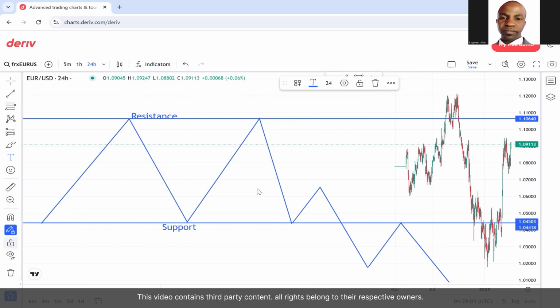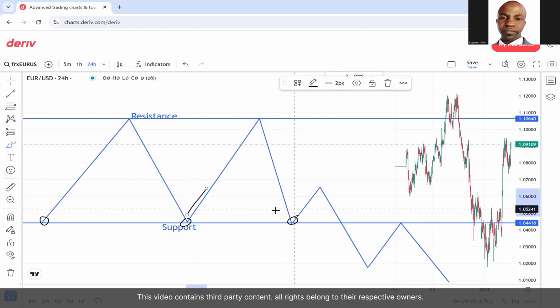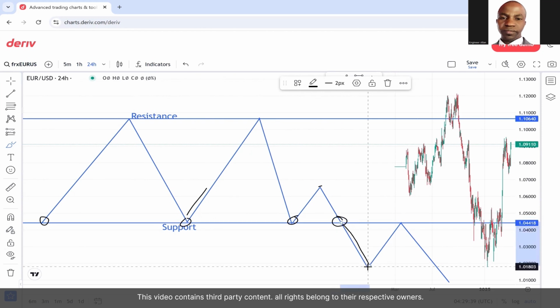As we already discussed about breakout in the resistance zone, you realize the price, you can see the market coming, touching the support levels, and then bouncing back. For the first time it goes up, then again comes down here, then comes here, then finally the market comes, and this one is the breakout, and then the market moves down, and this one is the retest.